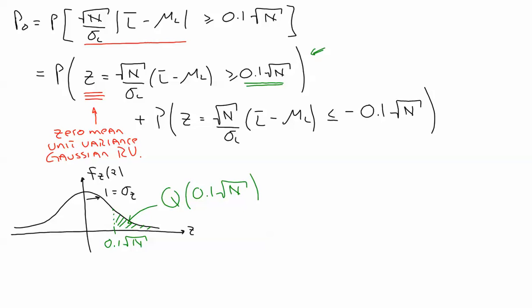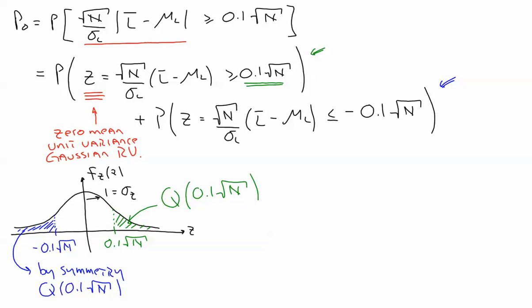And by symmetry, the second piece of my probability is the integral of the lower tail, the area less than negative 0.1 times the square root of n, and by symmetry the area of that blue hatched area is also Q of 0.1 square root of n.